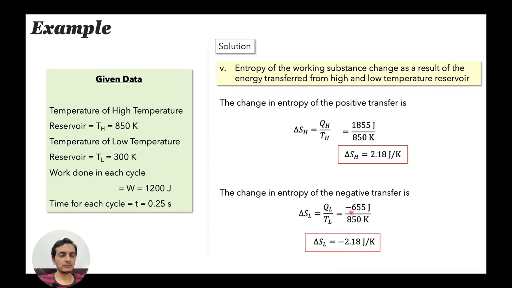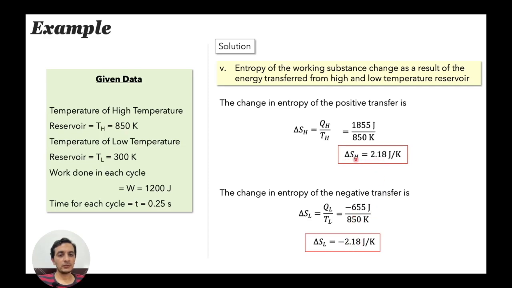Why is it negative? Because this much energy is being released from the system, reduced from the system and going out to the low temperature reservoir. That is why we have put a negative sign with this energy transfer. As you notice, the magnitude of both is the same.